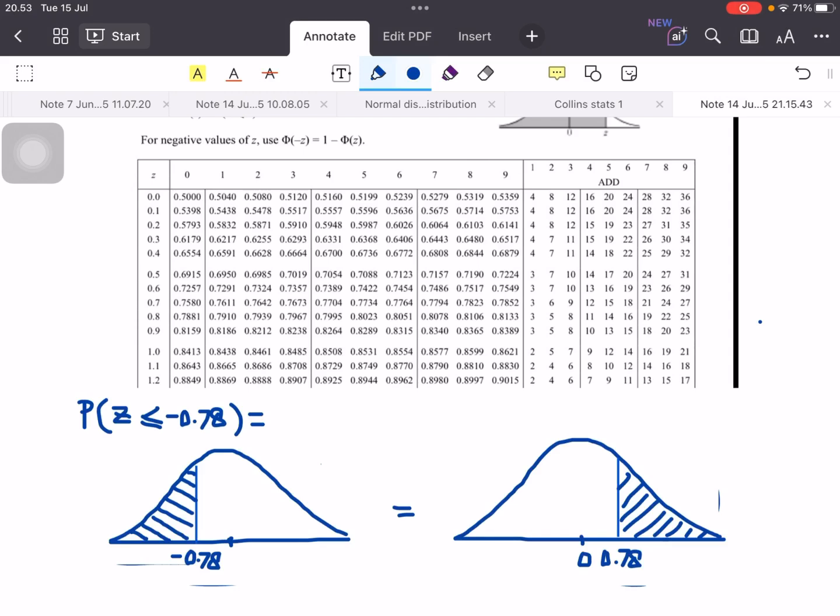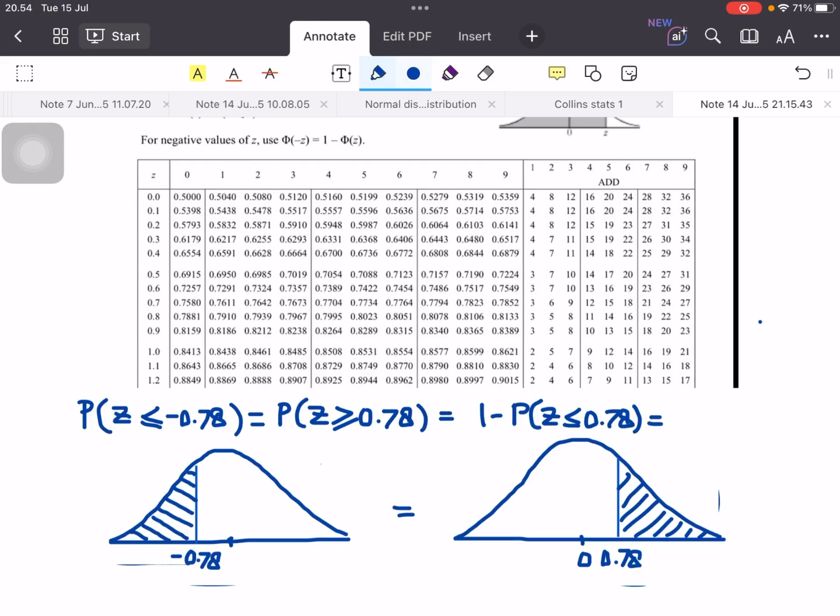So it can be found using probability that z is greater than or equal to 0.78, which is equal to 1 minus probability z less than or equal to 0.78.